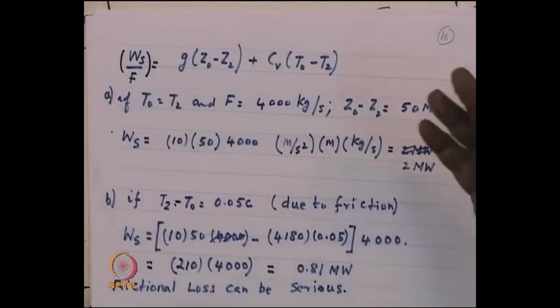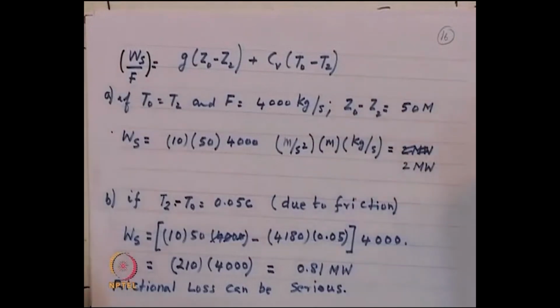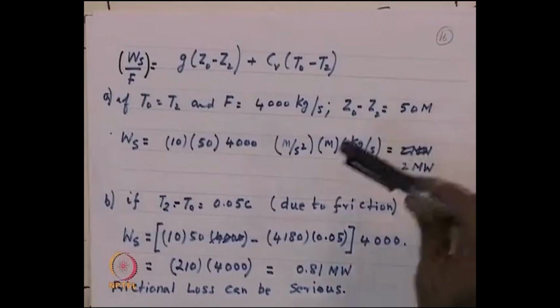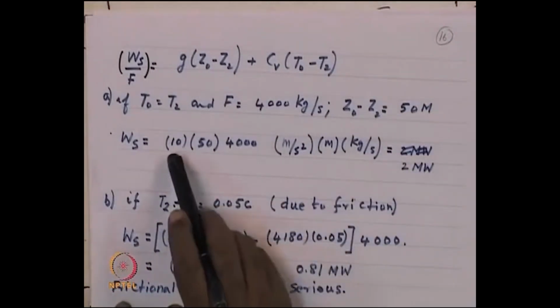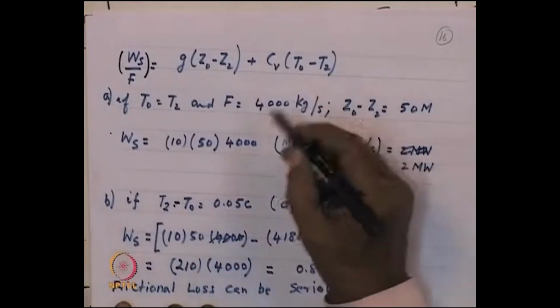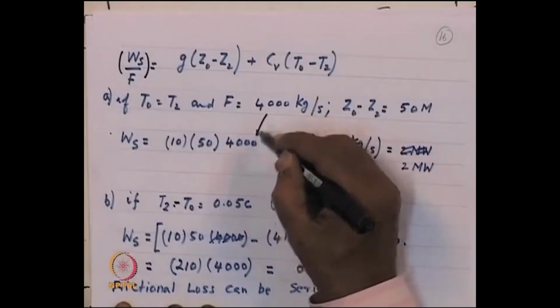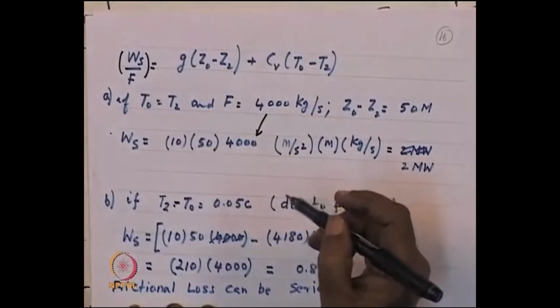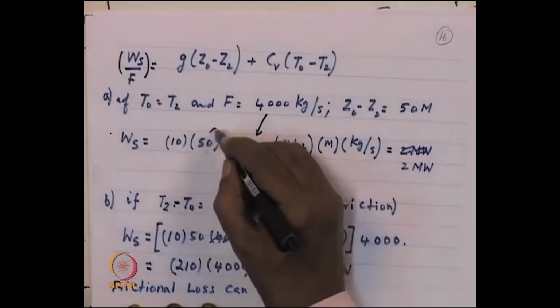And Z naught minus Z 2 is 50. So, these are some numbers we assume to get a feel for the size of the plant that you are going to be building. So, I have done here 10, 50 and 4000. 4000 is the flow, and what is 50?